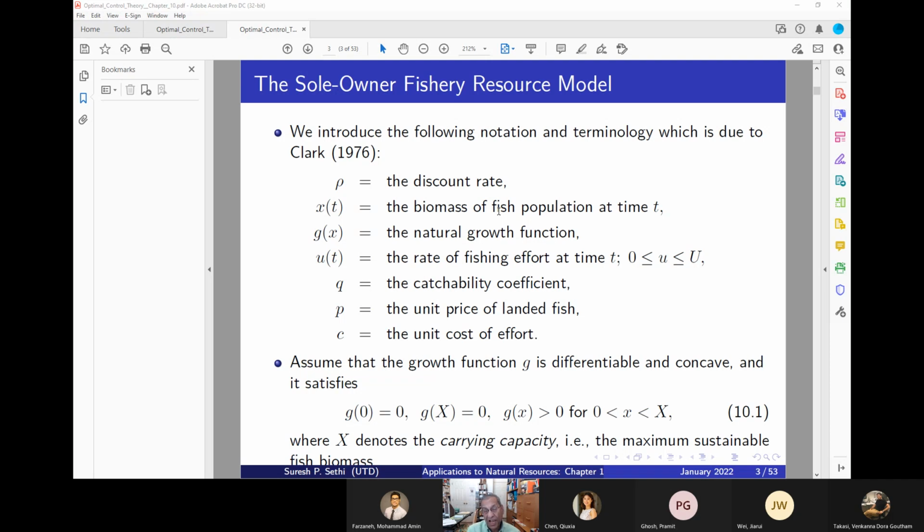So that's new. So in order for me to put the fishery thing in the game chapter, I decided I will also use his fish model in chapter 10, so that when we go to game theory chapters, we have a beginning base.